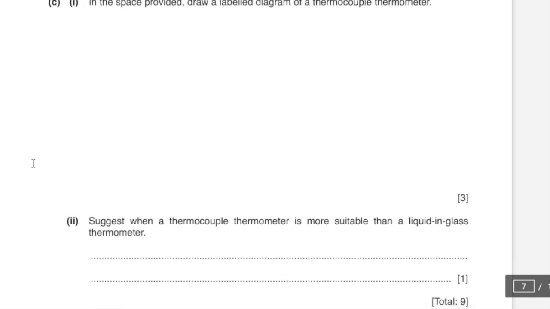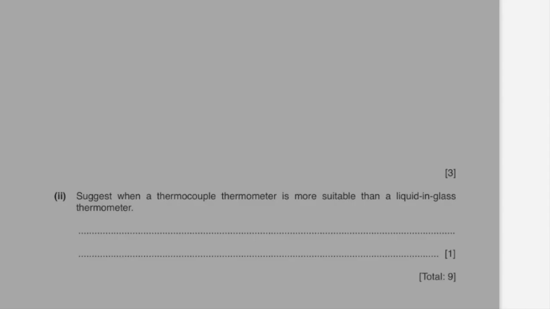C1. In the space provided, draw a labelled diagram of a thermocouple thermometer. So in a thermocouple thermometer, we first have a voltmeter connected to two wires of different metals.